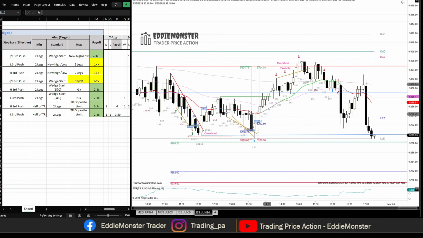But another way to enter is to use a pullback. If it's coming here after this bar, testing this high or testing the low of the close of this bar here, then you can buy here again to look for the second entry, or even buy the second entry, but we don't have it in this case.